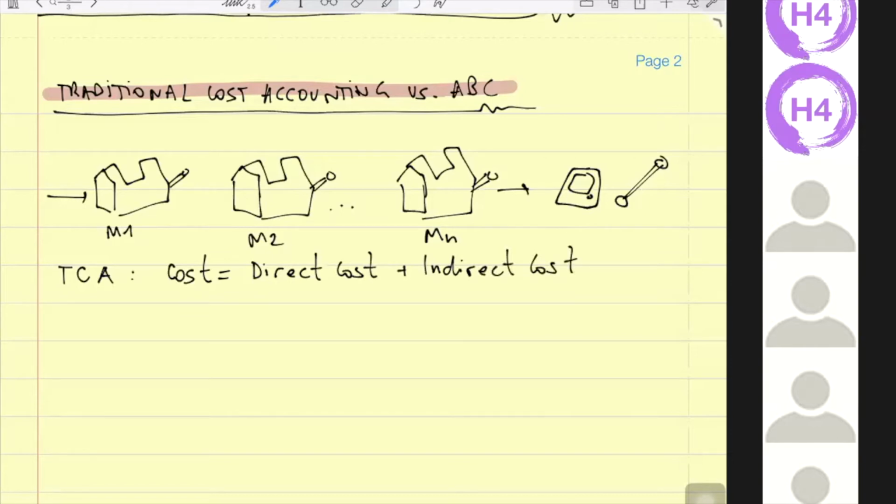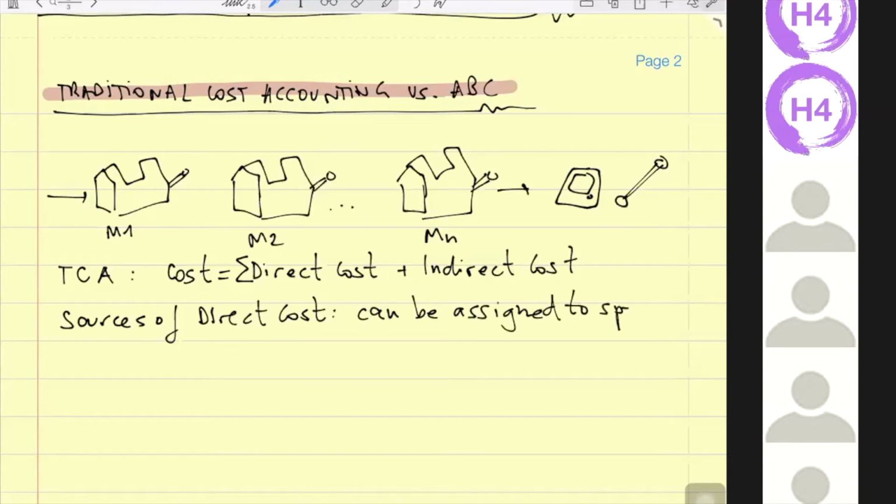Okay. So sources of direct cost. Traditional direct costs for such firms are costs that can be assigned to specific product units.